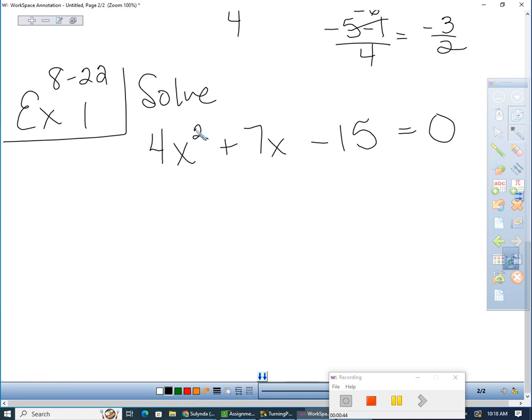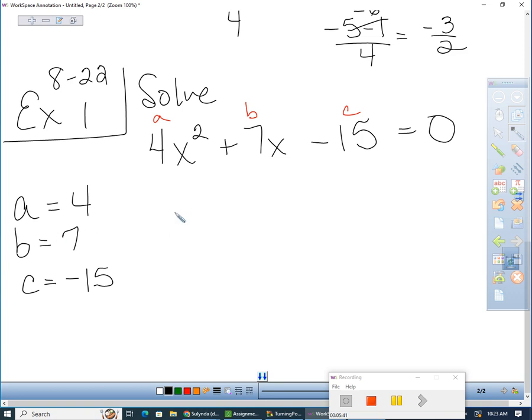All right. So again, I'm going to remind you up here, this is A, this is B, and this is C. But on your paper, I want to see A equals, what does A equal? B equals. Good. And C equals? Perfect. All right, now we're going to plug it into the formula.